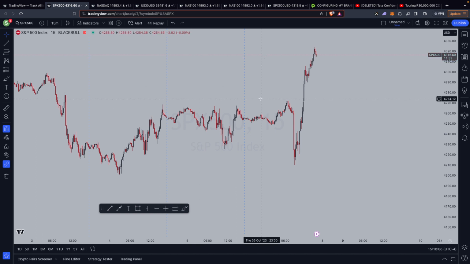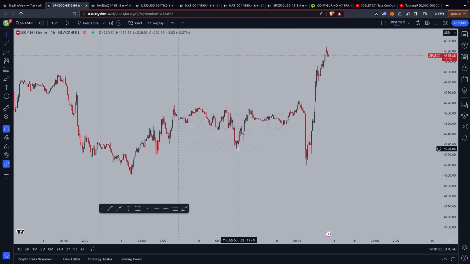First of all, I look at external range liquidity, which is liquidity outside of the previous day's trading range. So here you can see the previous day's high, previous day's low. Anything in between here, like the lows here, the highs there, those are internal range liquidity when you're trading in this day.